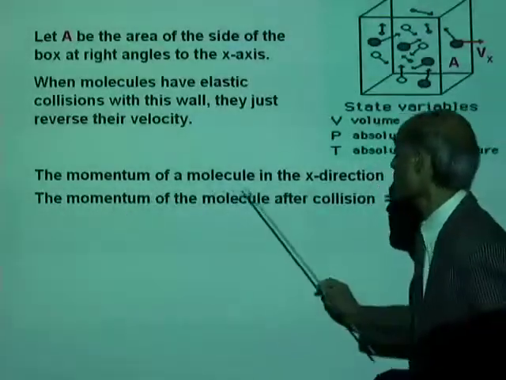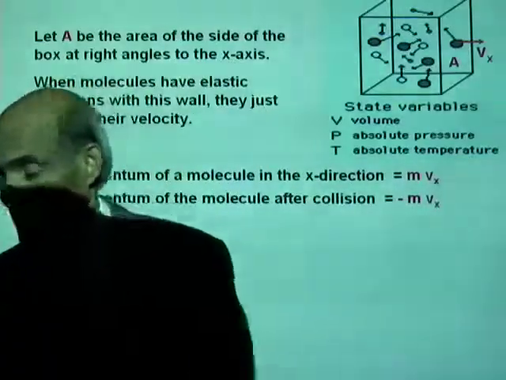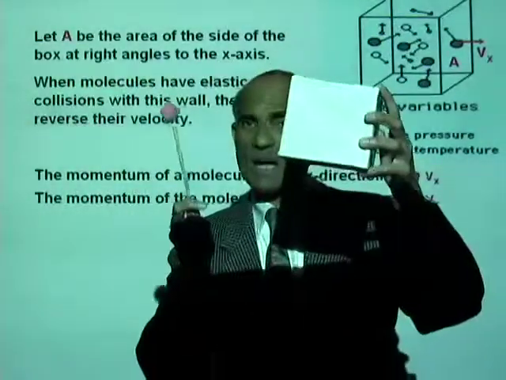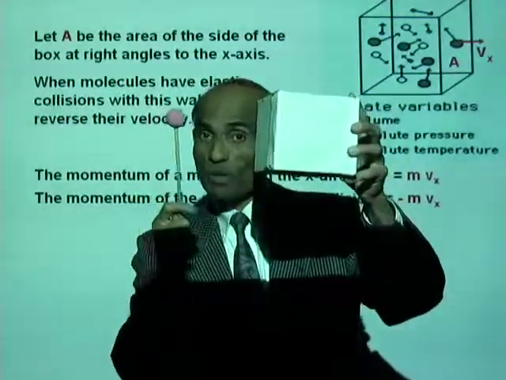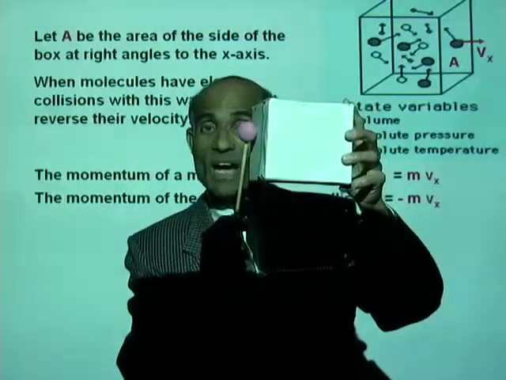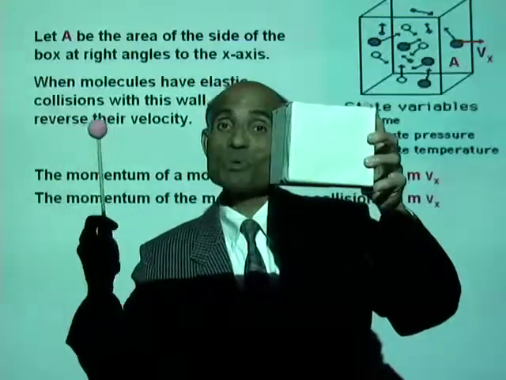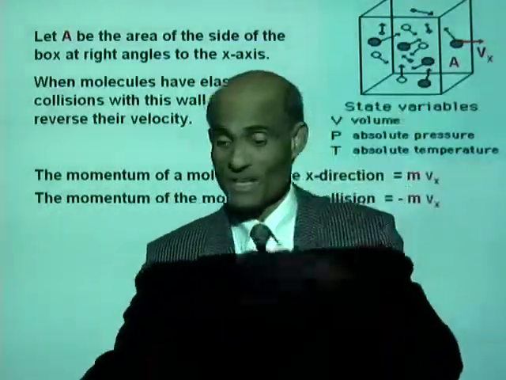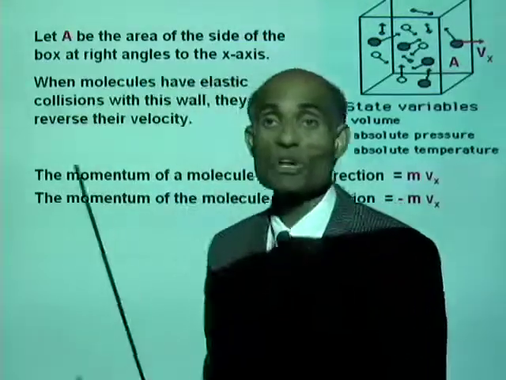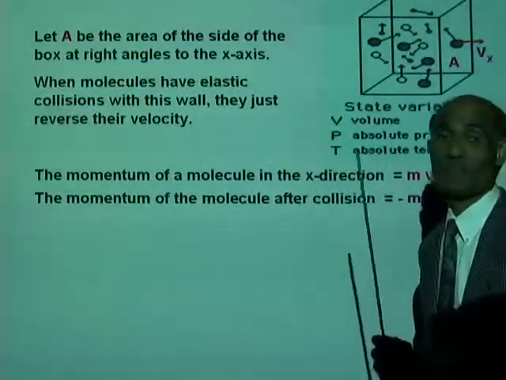Now, the momentum of the molecule after collision: as the molecule approaches the wall, its momentum is mvx. And after collision it is going to move away. That means its momentum is now reversed. Its momentum after collision is negative mvx.